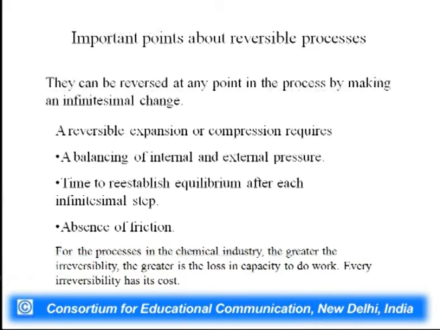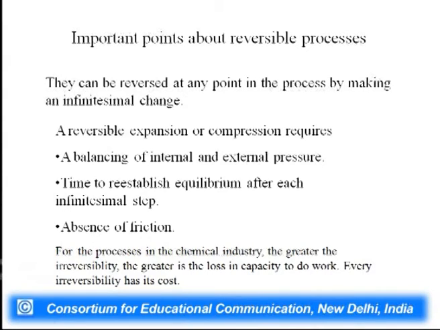So, in the reversible case, we can write P external is equal to P of the gas, or internal. Then the third important point about reversible processes: there should be time to re-establish equilibrium after each step, and, most important, there should be an absence of friction.